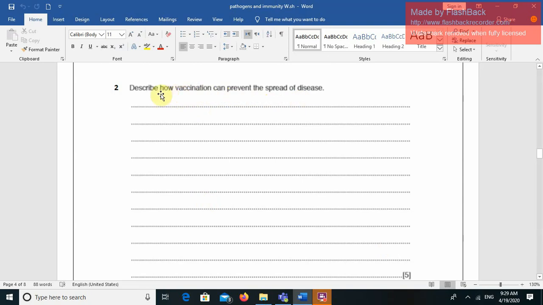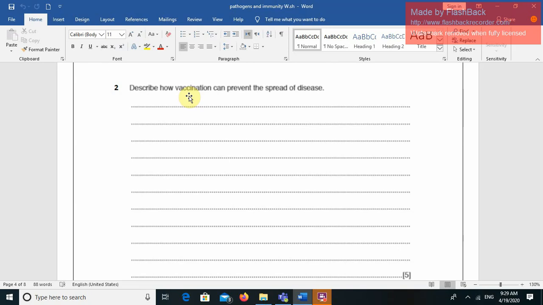So first of all, we should talk about what vaccine is. First of all, vaccine is dead or weakened pathogen. It enhances active immunity. Okay? So this is one.